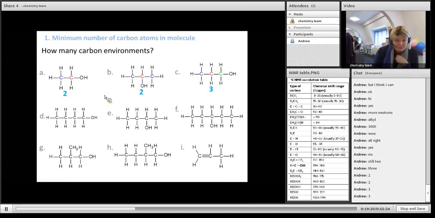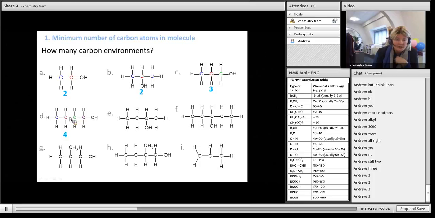And number D. It's actually got 4, this one, because every one has got slightly different groups on it. If I look at the middle ones, I think the end ones are quite clear, well, if you spotted that OH.